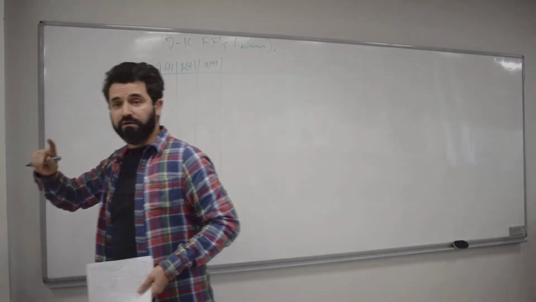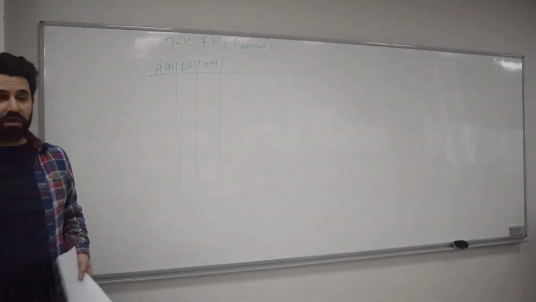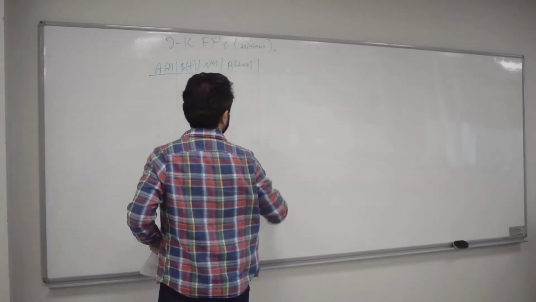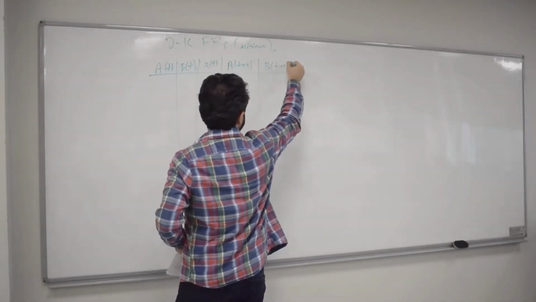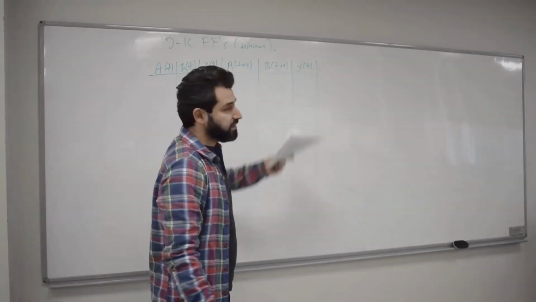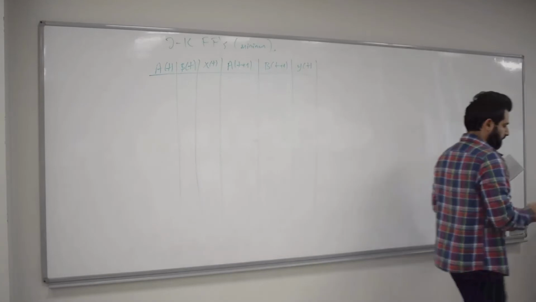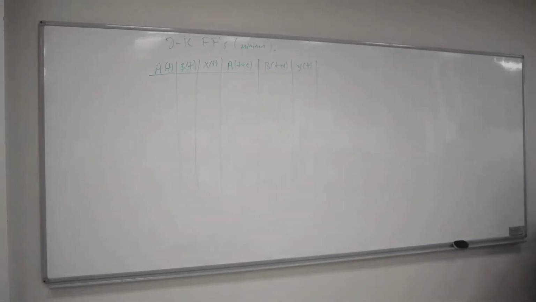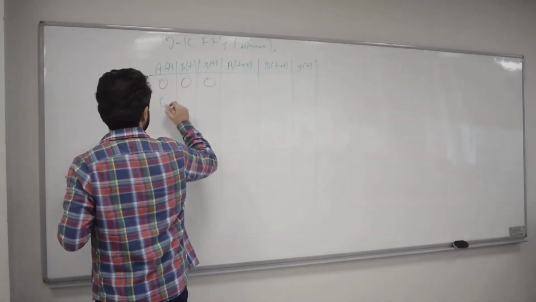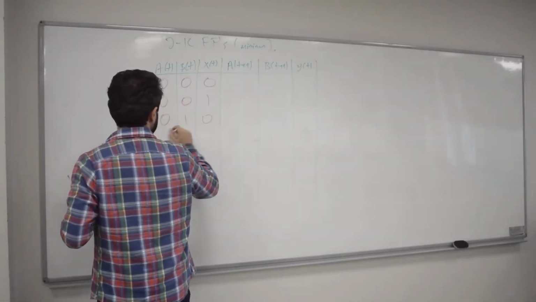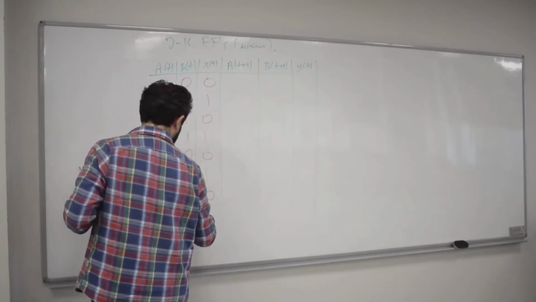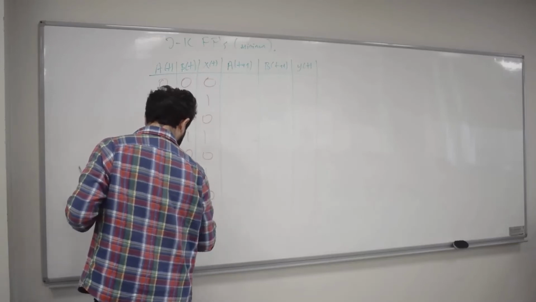I also have the next state information, which is A(t+1) and B(t+1), and Y(t) is my output, X(t) is my input. Let's see. I'm going to put all these possibilities: 0 0 0, 0 0 1, 0 1 0, 0 1 1, 1 0 0, 1 0 1, 1 1 0, and 1 1 1.